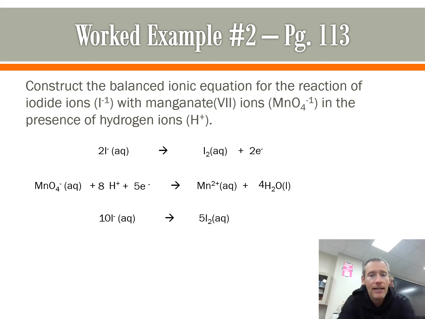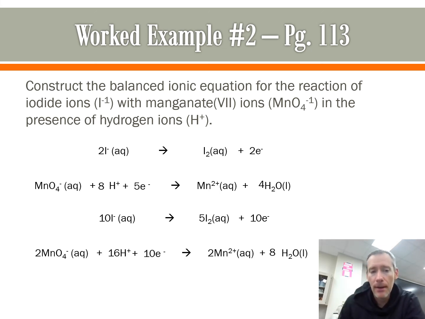So iodine has to get multiplied by 5 to counterbalance the charges, and it gives you 10 electrons. Because the common multiple between 2 and 5 is 10, we need to multiply the manganese side by 2.